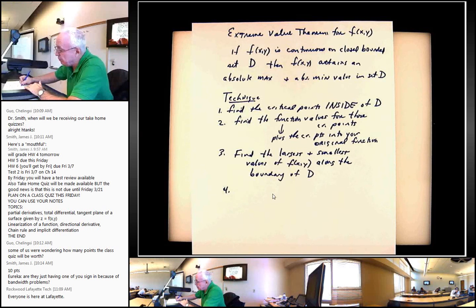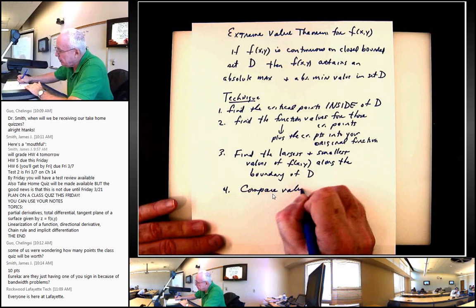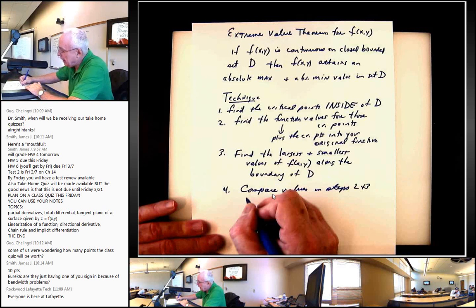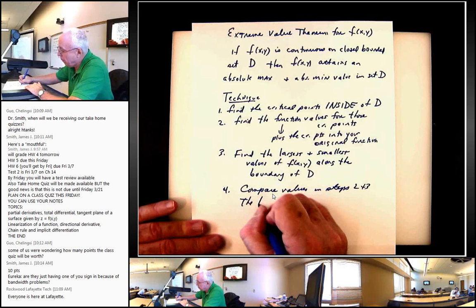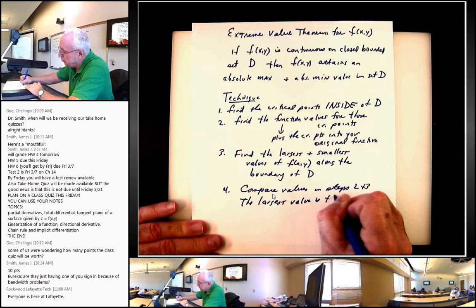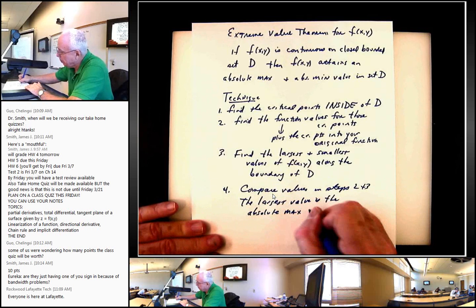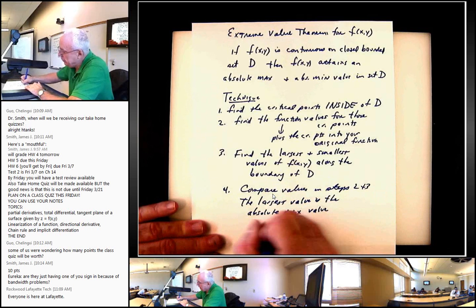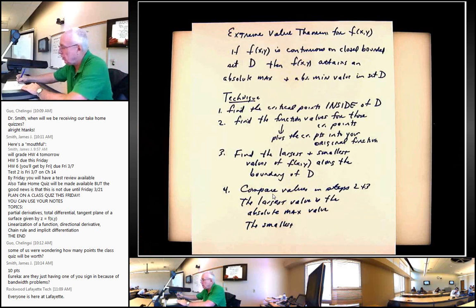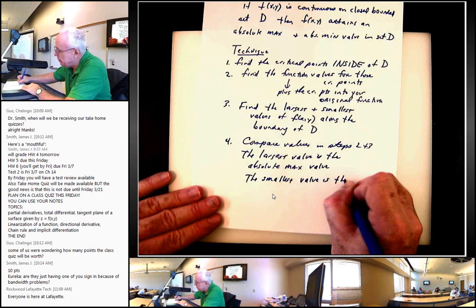So, number 4, we compare values in steps 2 and 3. And the largest value is the absolute max value, and the smallest value is the absolute min value.